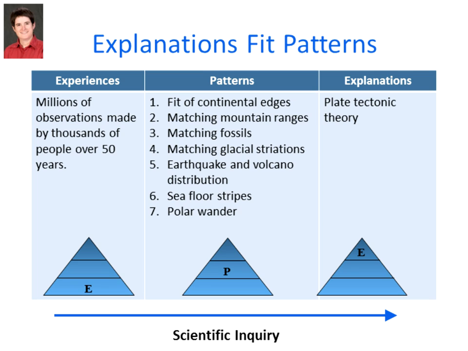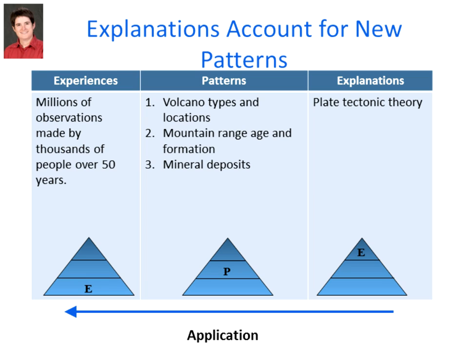And we come up with a limited number of patterns, and then develop an explanation that can account for those patterns. We can test those explanations to see if they hold up to new observations. But this is really the process of scientific inquiry, and patterns are what hold the experiences and the explanations together.